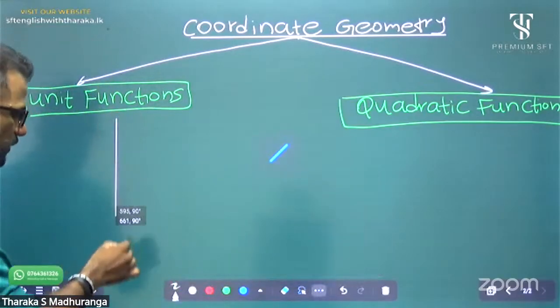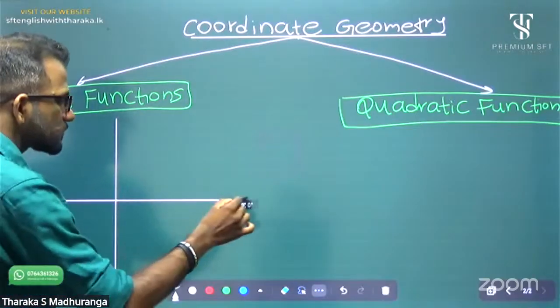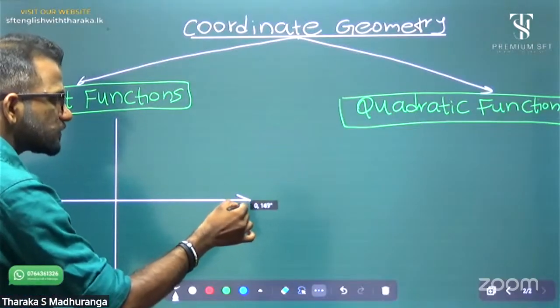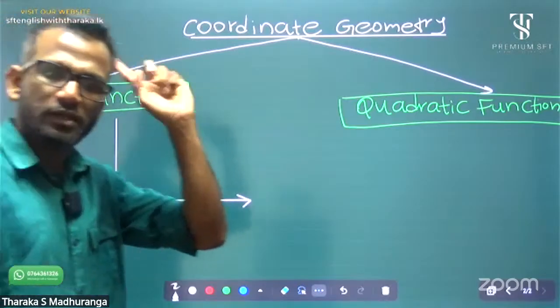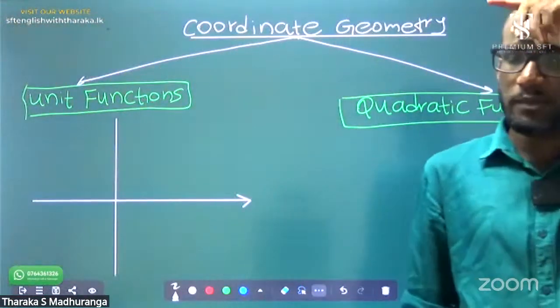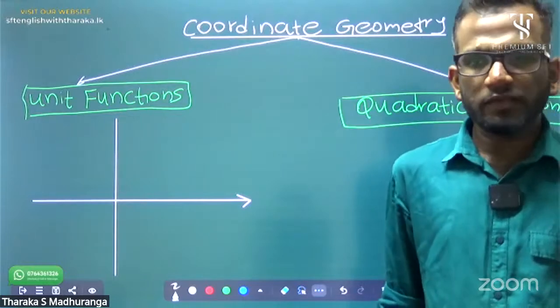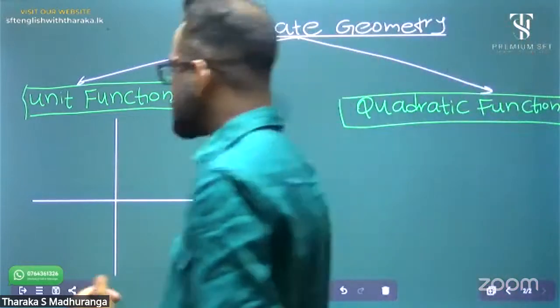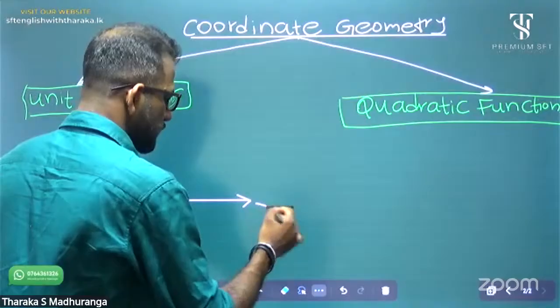If you have this Cartesian plane, what is this axis, X or Y? The horizontal axis is the X axis. Very good.